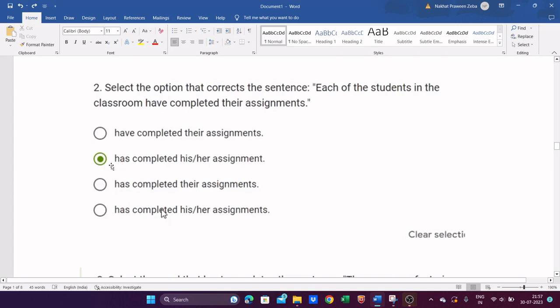Now we need to focus on one more thing, has completed his or her assignment or has completed his or her assignments. So now again repeat the sentence, each of the students in the classroom has completed their assignments, has completed his or her assignments. So I think D will be the correct answer. Okay, correct me if I'm wrong.